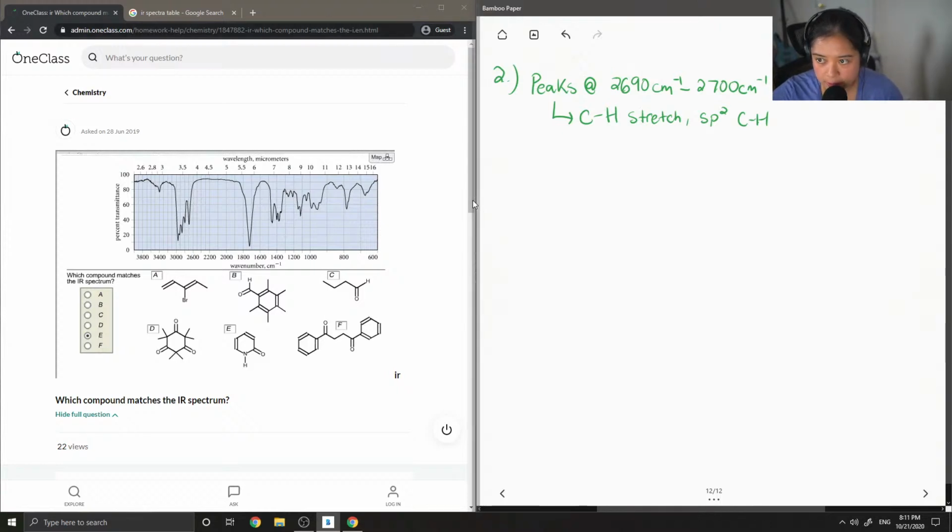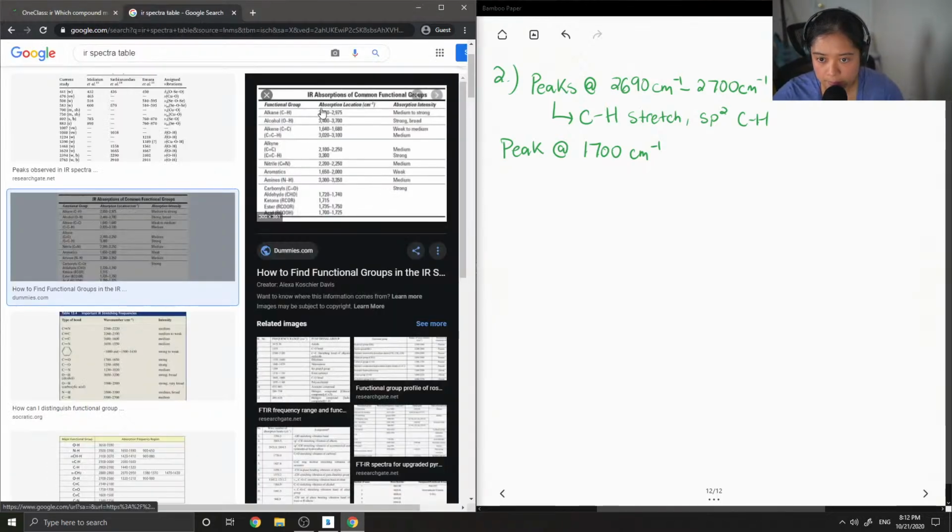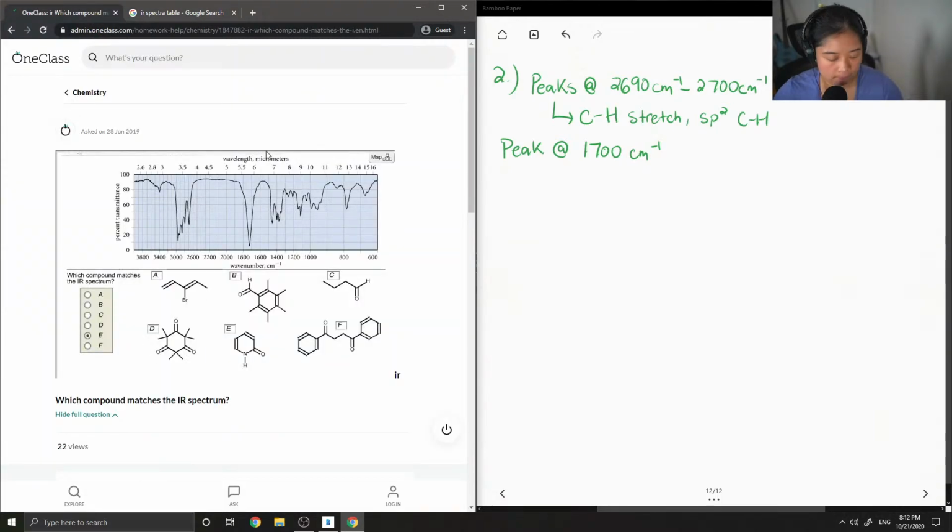You'll also see a characteristic peak at around 1,700 inverse centimeters. And then let's look at our table. So basically this is due to carbonyl groups. I'm gonna write. So let's look at all our different options.